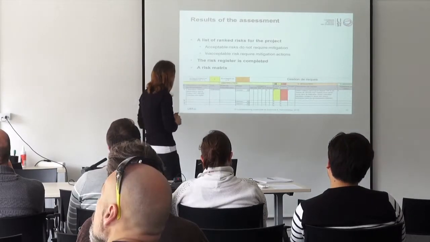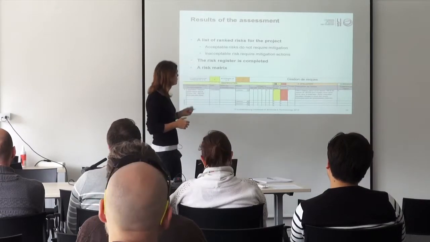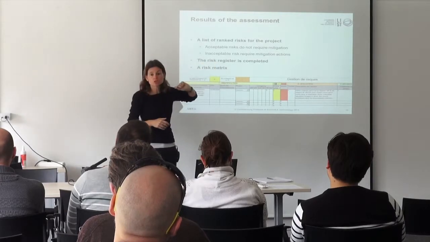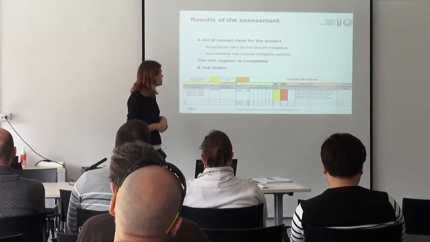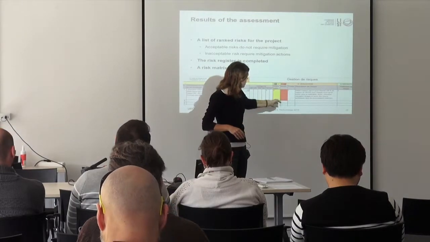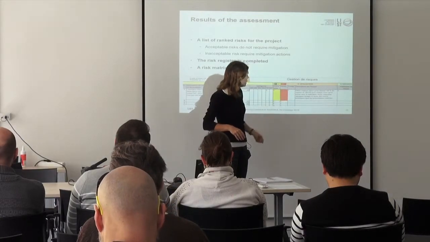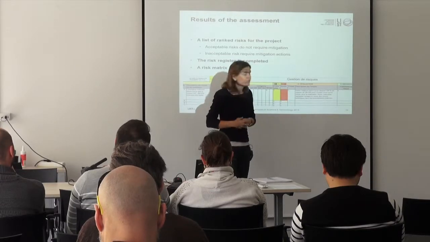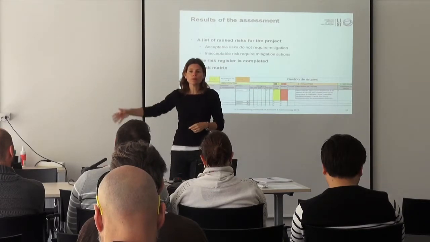So by the end of that activity, your risk register, your list of risks, is also completed. So you have done that part: defining the probability, defining the impact, and defining that yes, you want to do something about that risk.